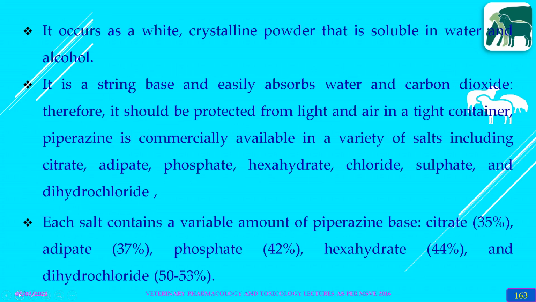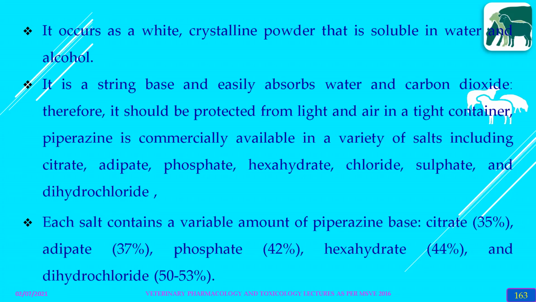It is a strong base and easily absorbs water and carbon dioxide. Therefore, it should be protected from light and preserved in airtight containers. One important thing to remember is that it is available as varieties of salts like piperazine citrate, adipate, phosphate, hexahydrate, chloride, sulfate, and dihydrochloride.